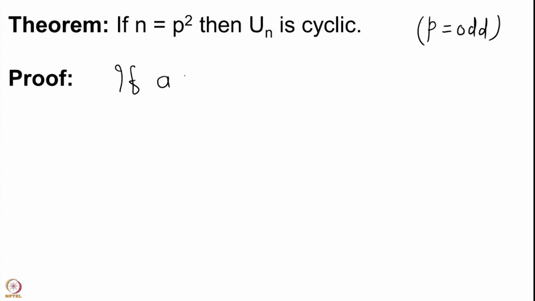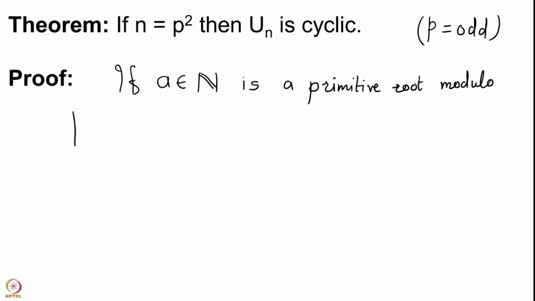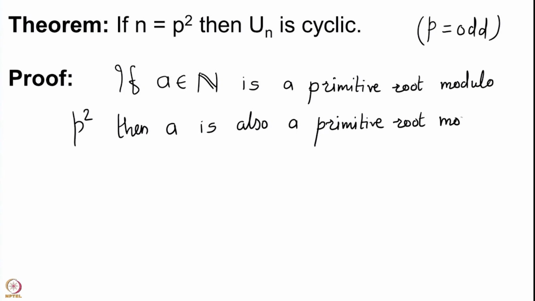If a in the natural numbers is a primitive root modulo p squared, then a is also a primitive root modulo p. This is a basic statement.